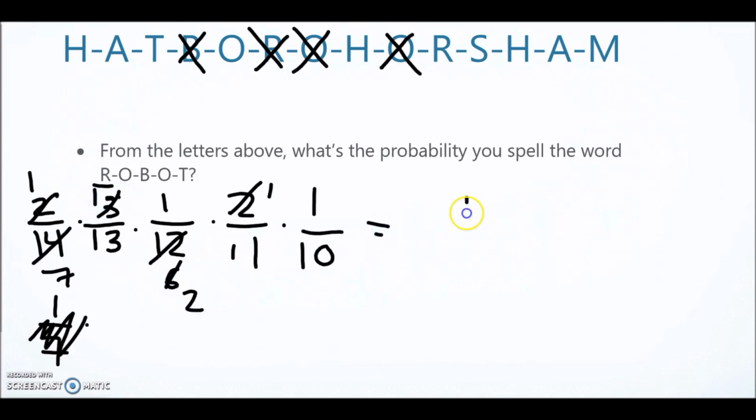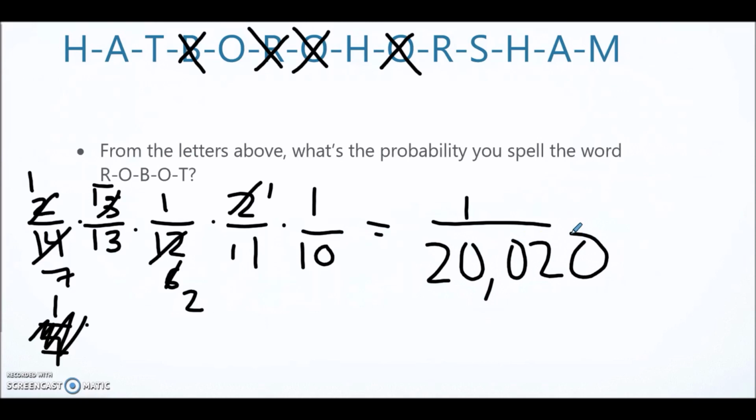Man, that makes it a lot easier because now I just get a bunch of 1s on top. And on the bottom, 7 times 13 times 2 times 11 times 10, 20,020. So there you have it. 1 in 20,000 chances about that you can spell robot from Hatboro Horsham.